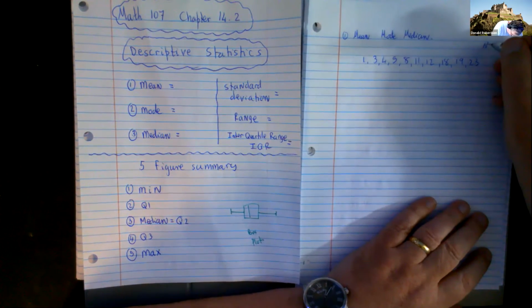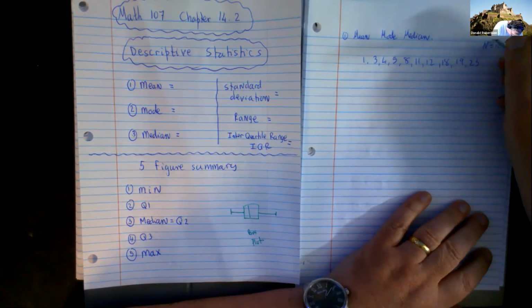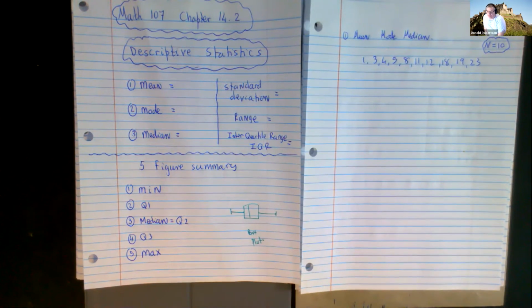So we would write down n equals 10. That's the letter that we typically use when we do statistics to represent what's called the sample size. And you can have a story attached to this if it helps. I'm just randomly giving some numbers.